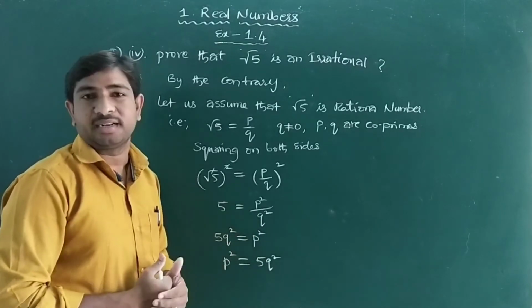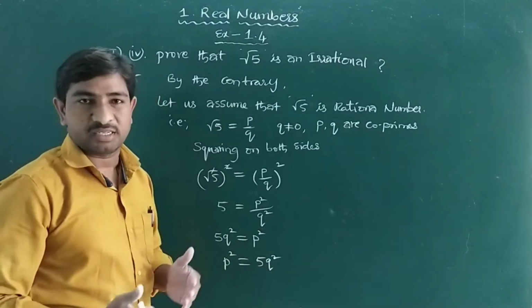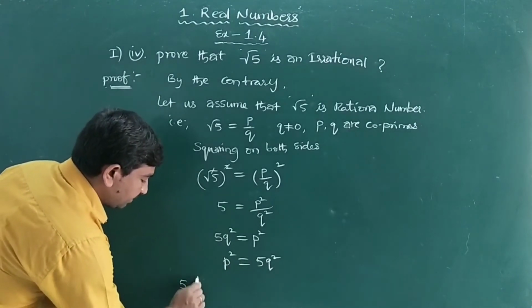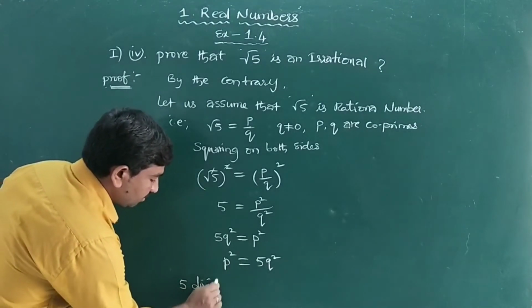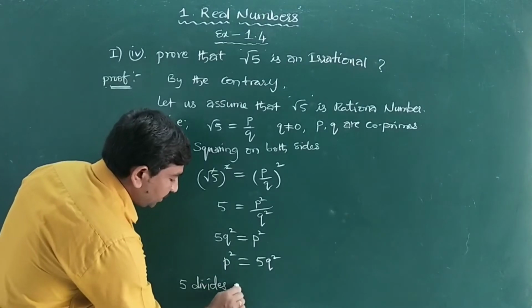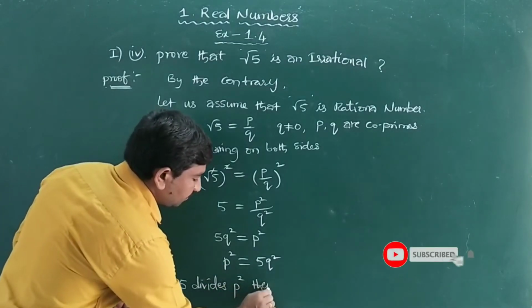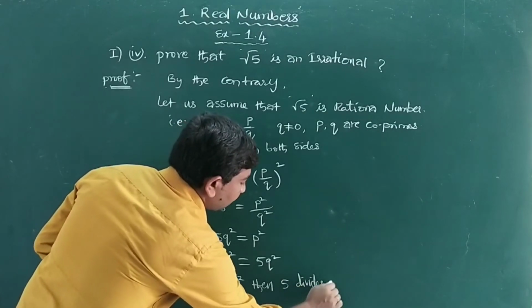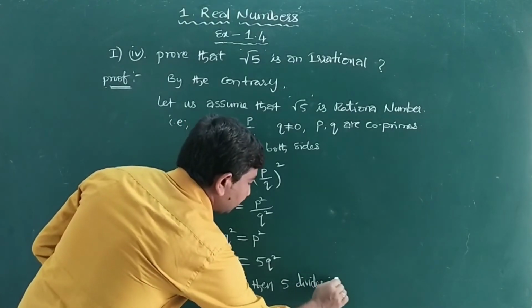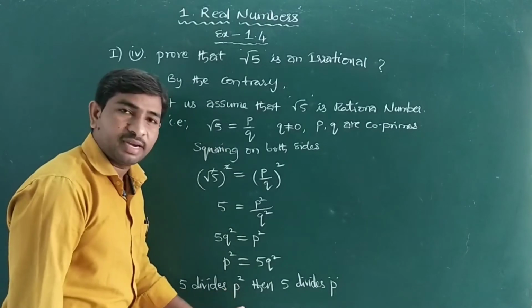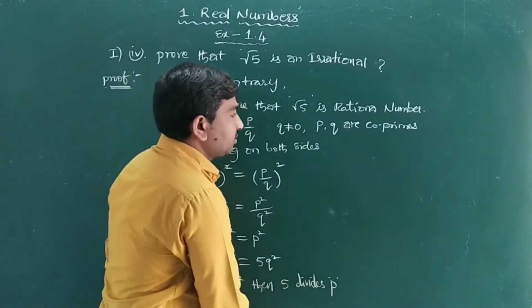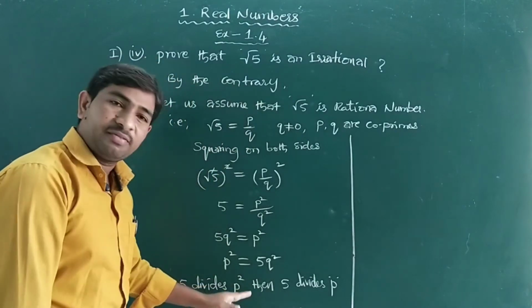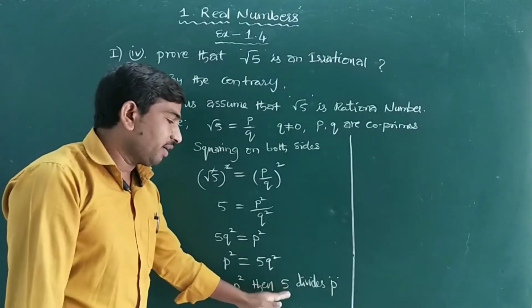This is one of the theorems in the textbook: if 5 divides p square, then 5 divides p. By using this statement we can write that 5 divides p.